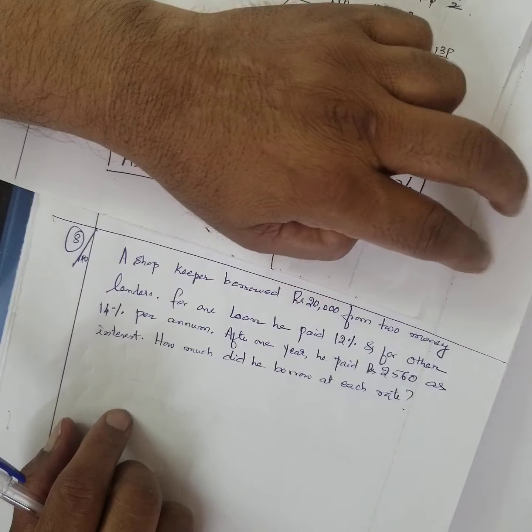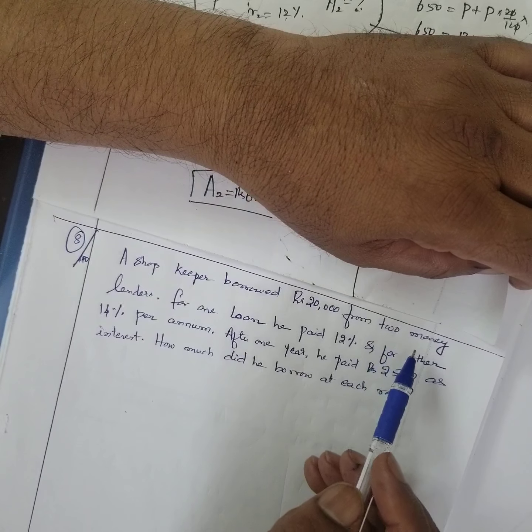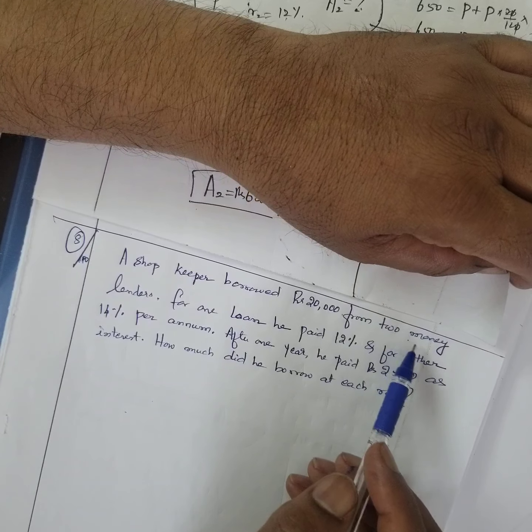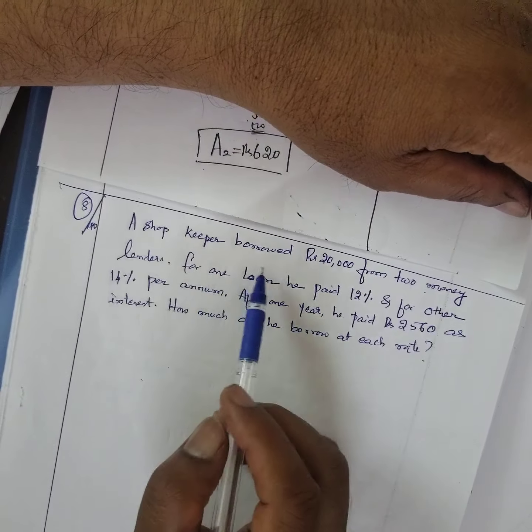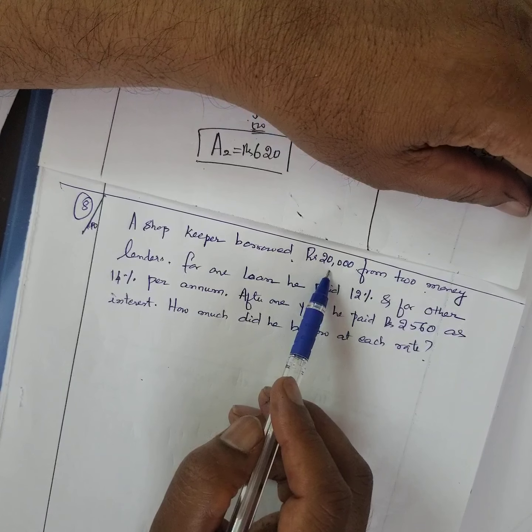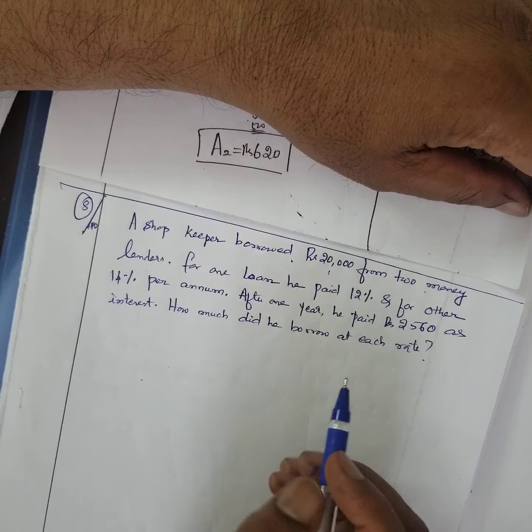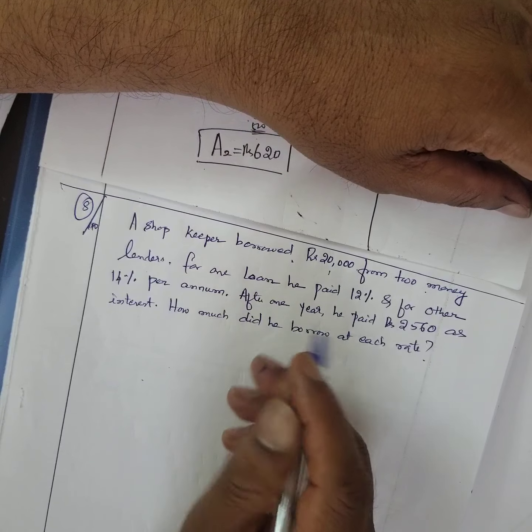A shopkeeper borrows. See, this shopkeeper borrowed 20,000 from 2 money lenders. I will do this problem here because space is there.